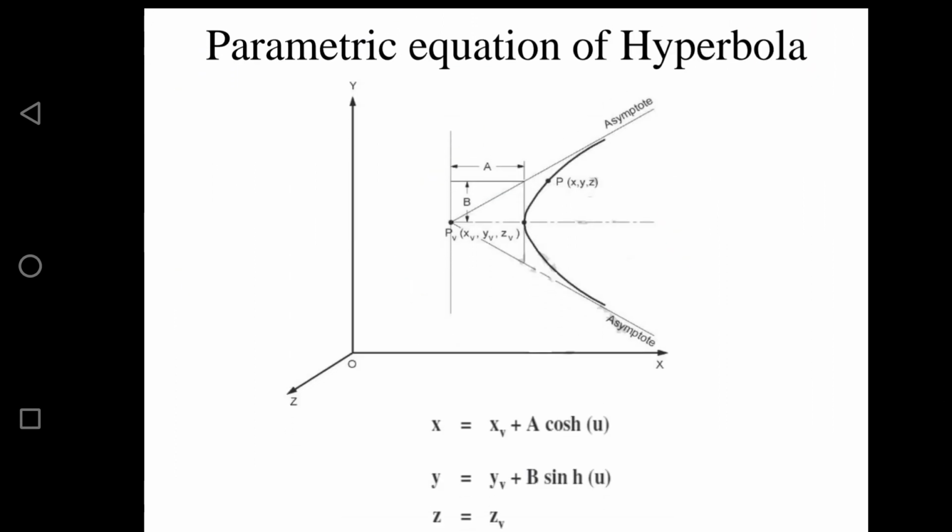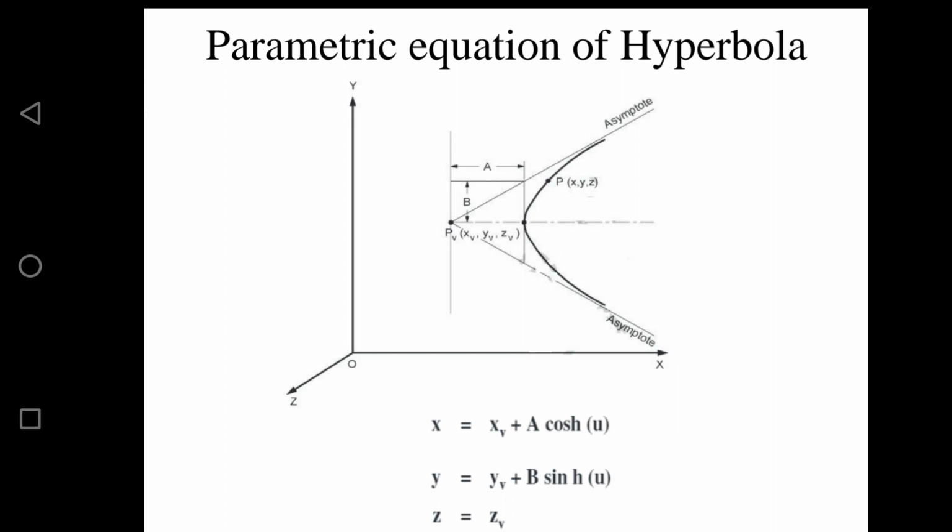To find it, we have to consider a and b. a is the distance between the vertex point and the focus point horizontally, and b is the distance between the vertex point and the focus point vertically. If I derived the equation fully, we would get a lengthier equation, so I'm directly telling you: x equals xv plus a cosh u, y equals yv plus b sinh u, and z remains zv, where xv, yv and zv are the coordinates of the vertex point, and a and b are the distances between the vertex point and focus, a horizontally and b vertically.